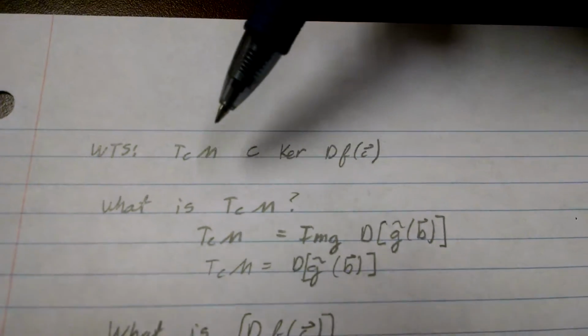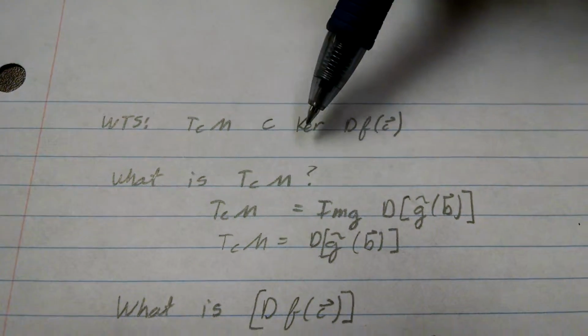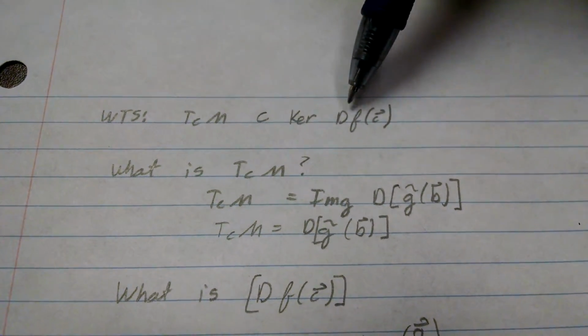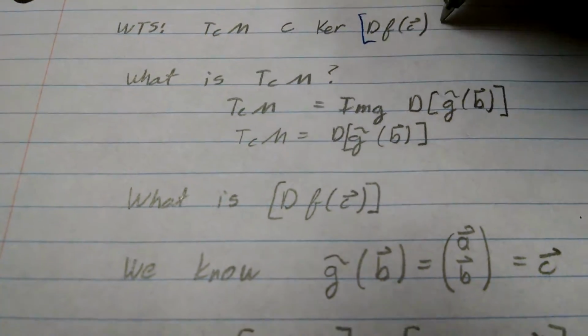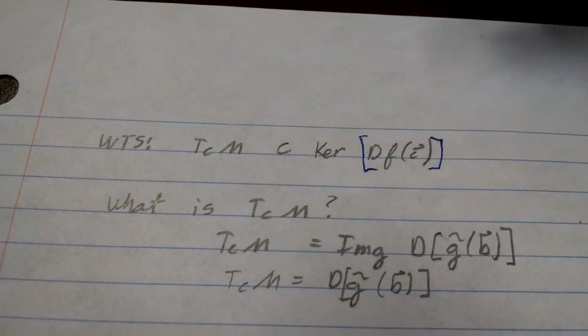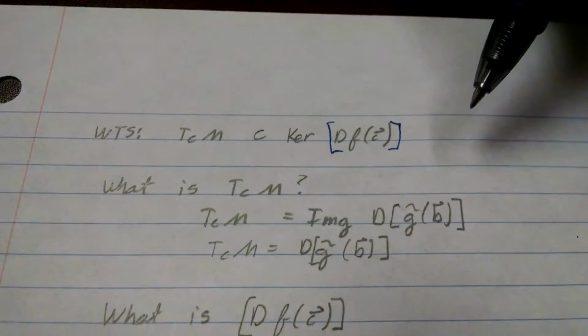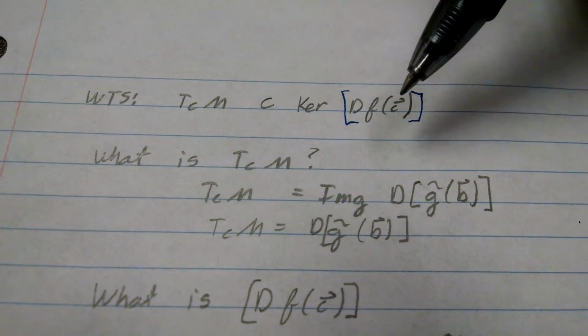So what are we actually trying to show? Trying to show that the tangent space at point c on the manifold is in the kernel of the derivative of f at that point c.